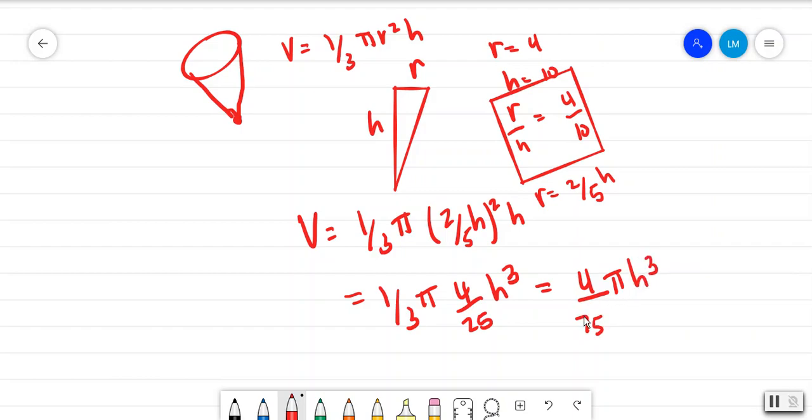So from here, if you know the height and its rate of change, or the depth at that moment, you can just take the derivative with respect to h.